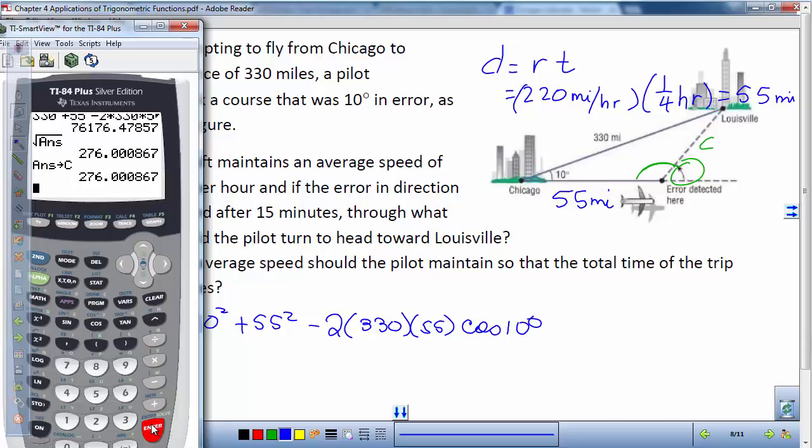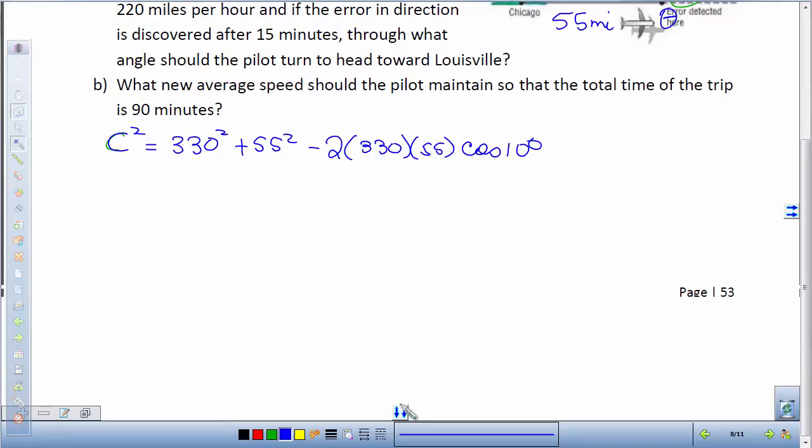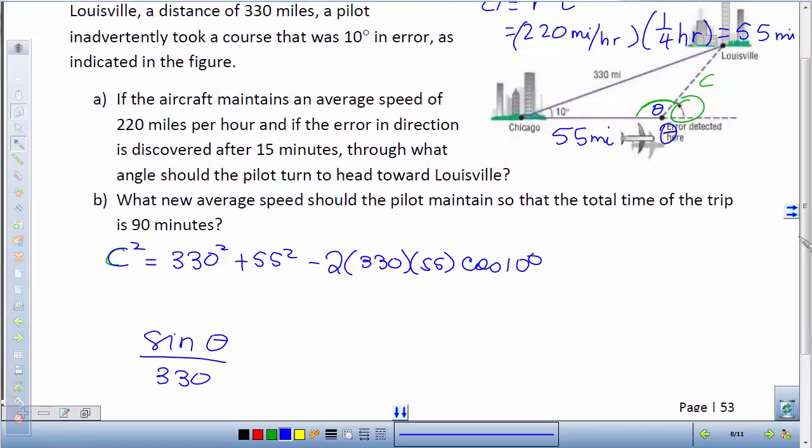So I can say, we'll call this one theta. Theta is right here. So I can say sine theta over 330 is equal to what?